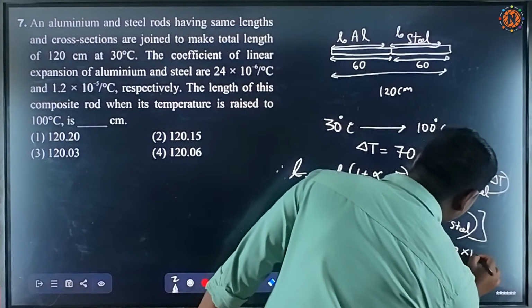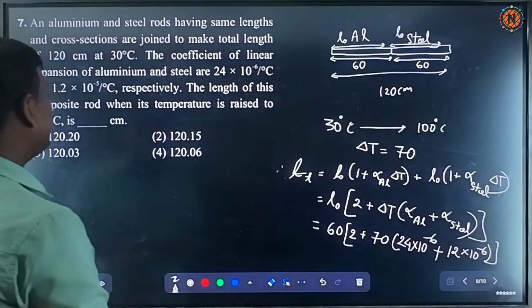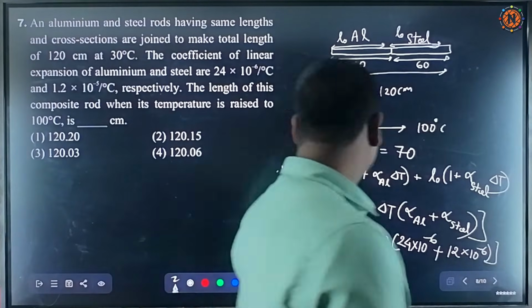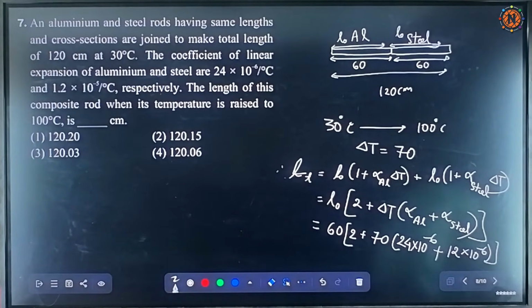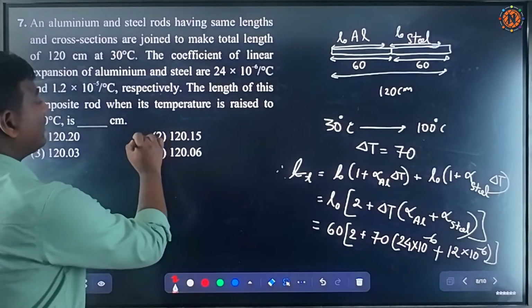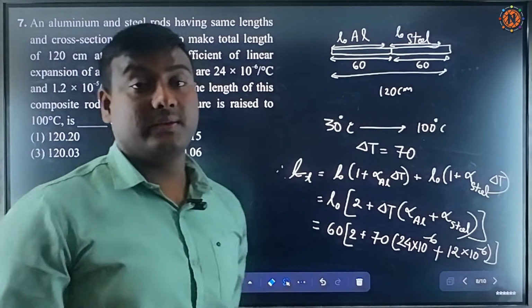We will get 12 into 10 to the power minus 6 instead of 1.2. Okay, just add them and calculate. So you will get the answer approximately 120.15 centimeter. Option 2 is the correct answer.